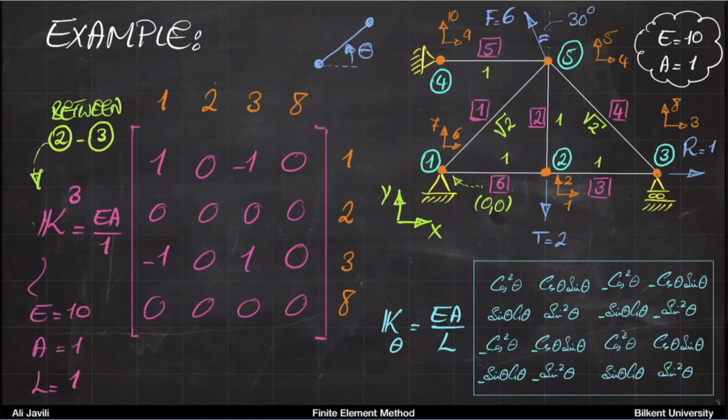Now you can imagine if instead of saying that element 3 goes from 2 to 3, I said it goes from 3 to 2, then the angle, instead of 0, would be 180 degrees.